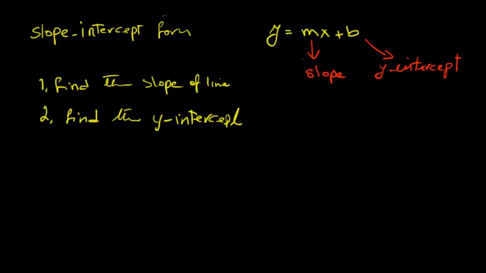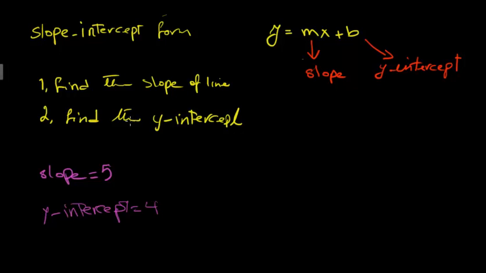So let's do a bunch of practice. Now let's say you are asked to write an equation for the line with a slope of 5 and y-intercept of 4.